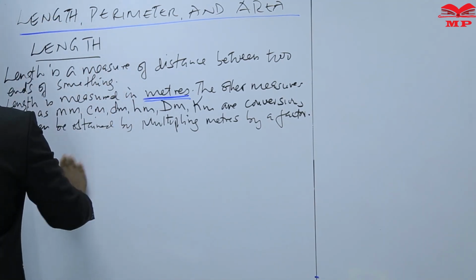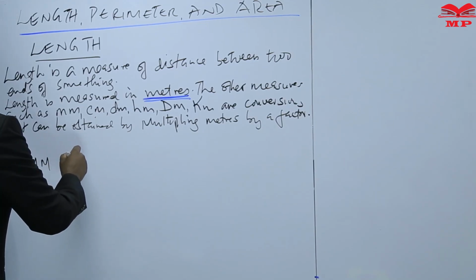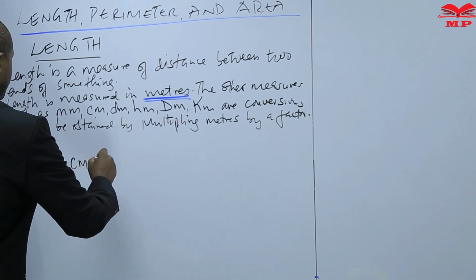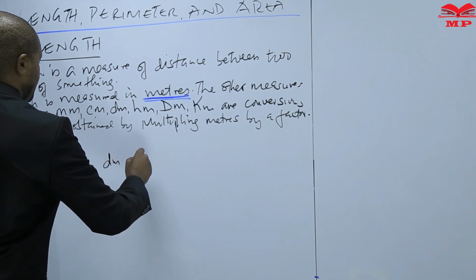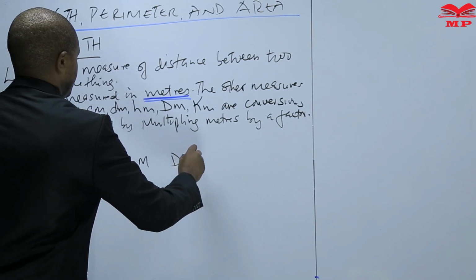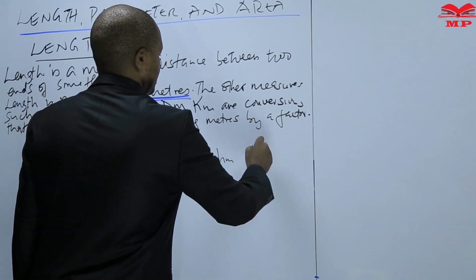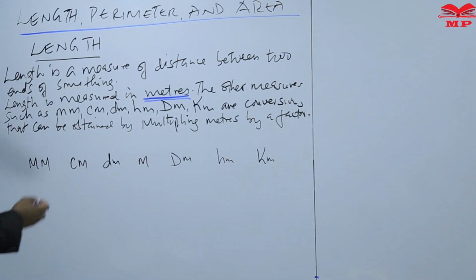First here we have the millimeters, then we have the centimeters, then the decimeters, then the meters, the decameters, the hectometers, and kilometers. I want to show you the relationship between these measures.